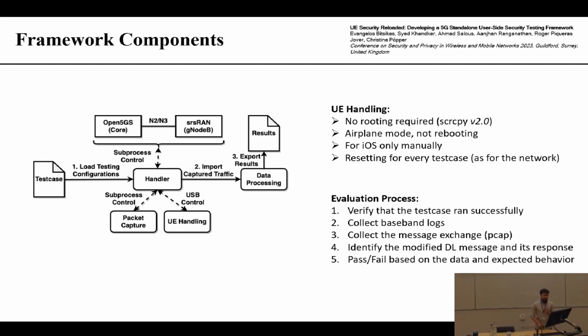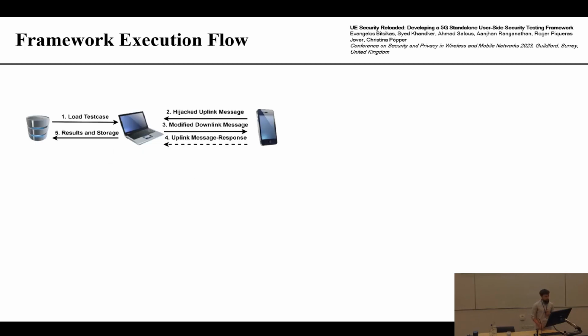For the evaluation process, we first verify that the test case runs successfully. We collect all the logs and exchange of messages, and we identify the uplink and downlink. Then, based on the expected behavior, we try to determine if the device passed or failed the test.